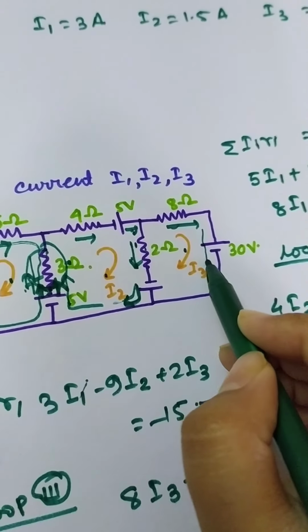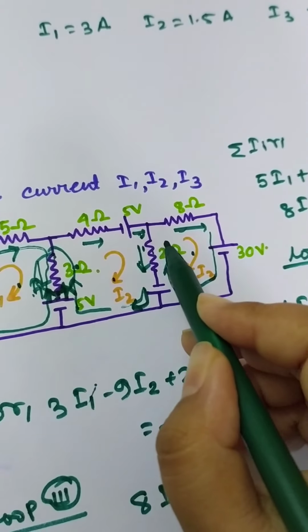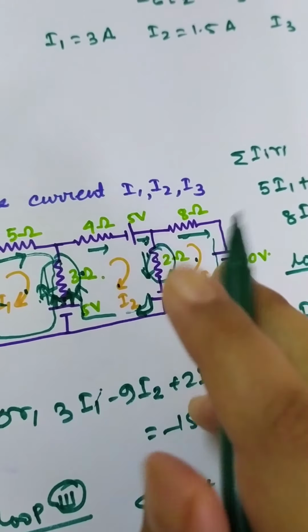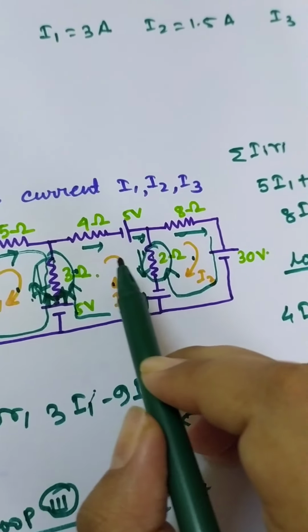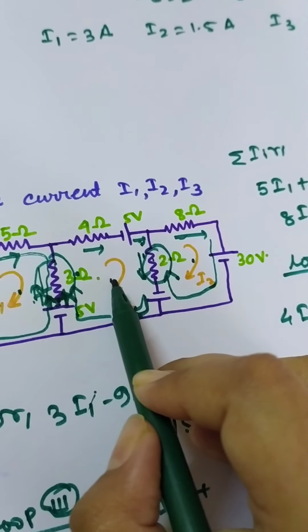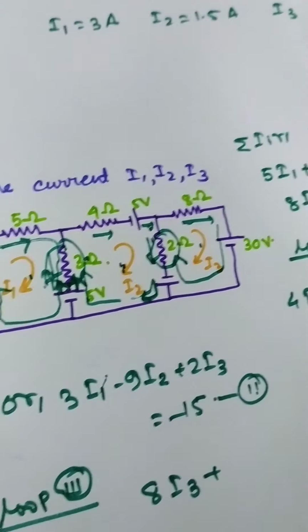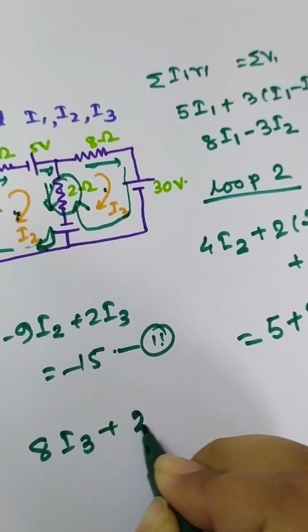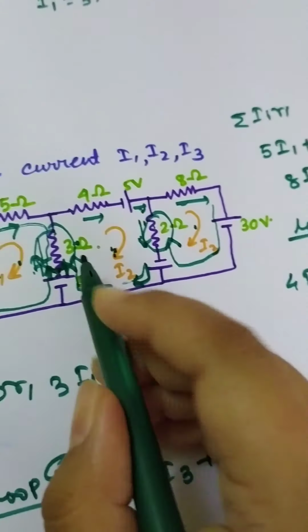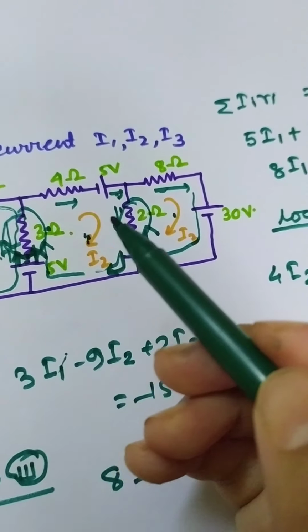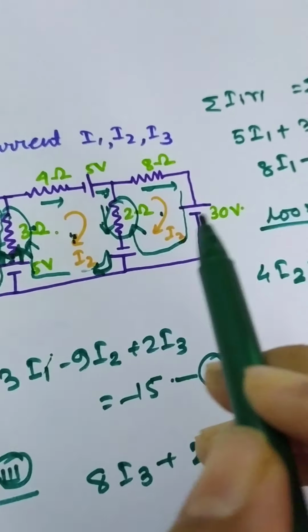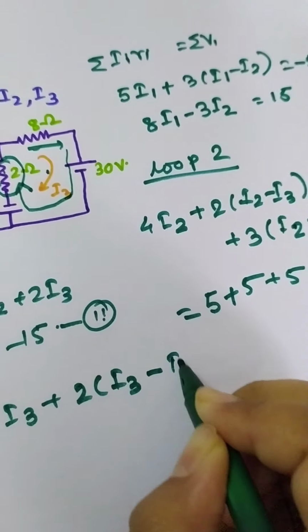Plus in this way it is going, and in this resistance two currents are corresponding, that is I3 and I2. But here the main current is I3, so I3 will be positive. So 2 into I3 minus the other current, I2, as I2 is not the current of this loop 3, so this will be minus I2.